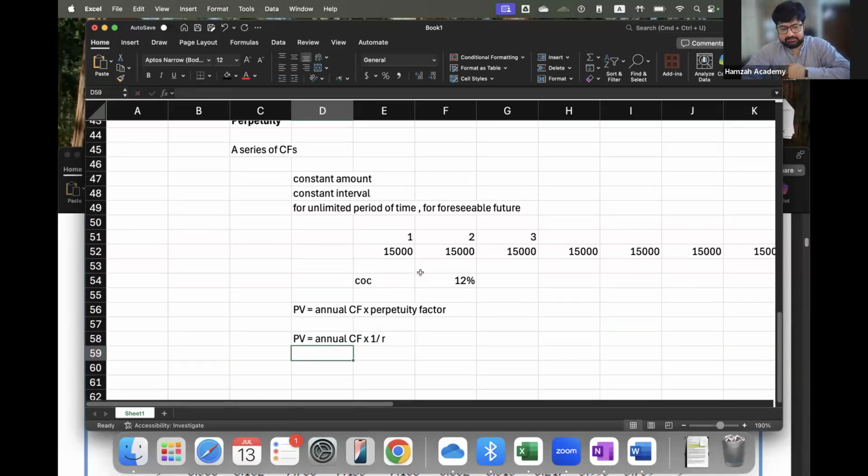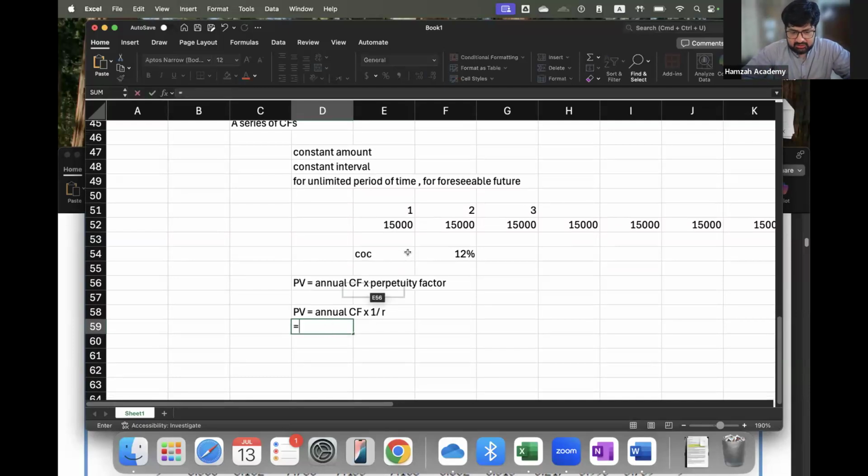Here it is. So annual cash flows are 15,000 into 1 over 0.12.